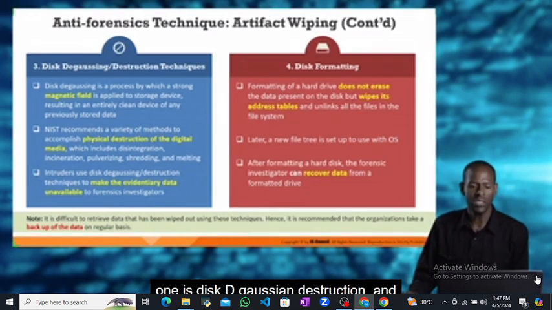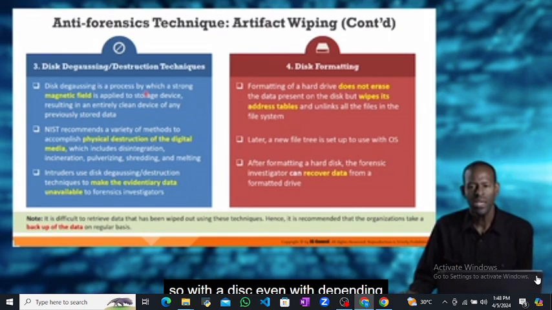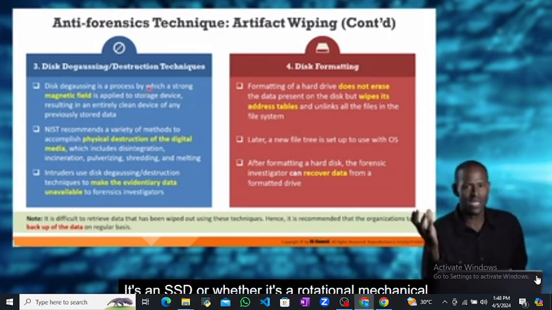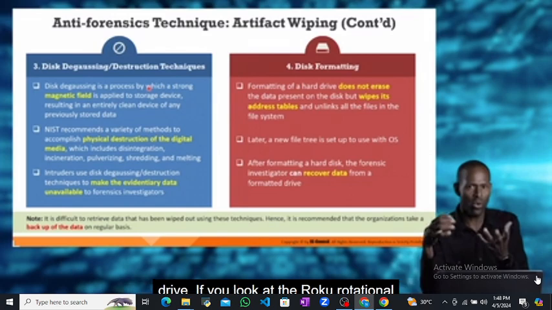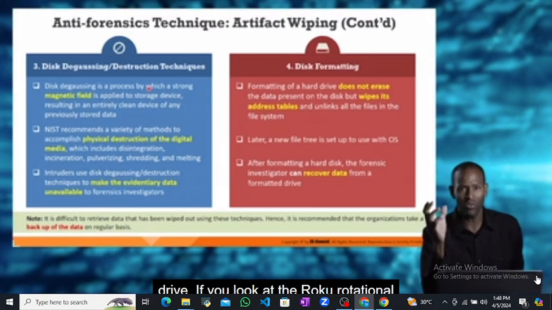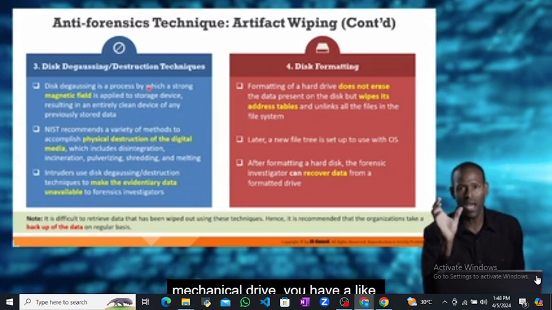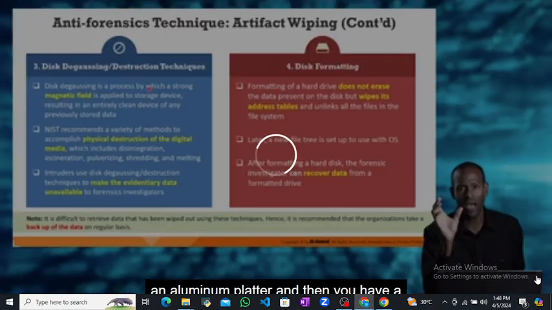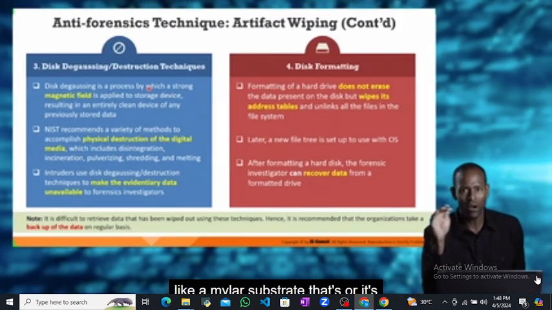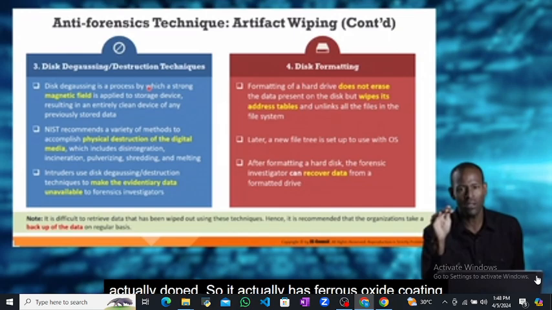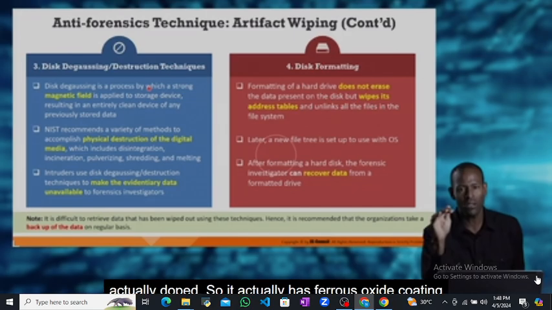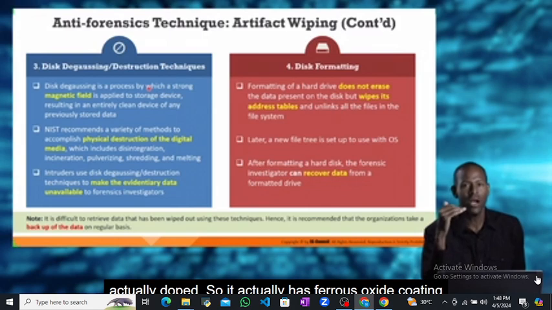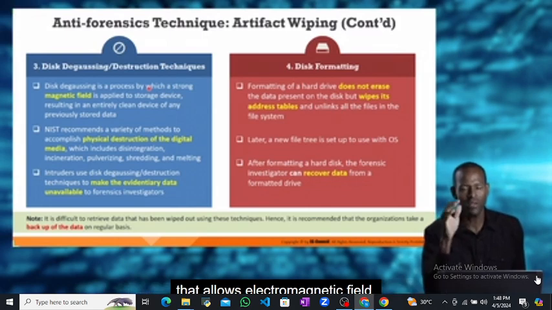Another one is disk degaussing destruction. And so with a disk, depending on whether it's an SSD or a rotational mechanical drive, if you look at the rotational mechanical drive, you have an aluminum platter, and then you have a Mylar substrate that's actually doped, so it has a ferrous oxide coating that allows electromagnetic fields.